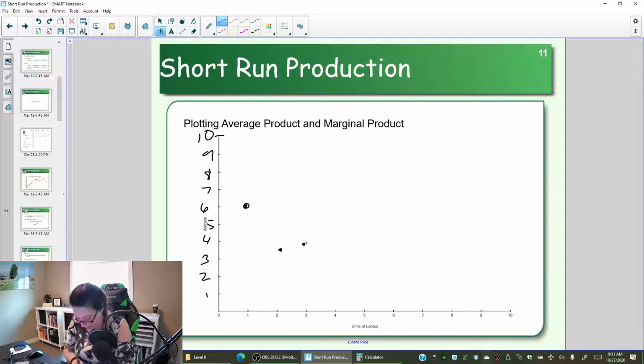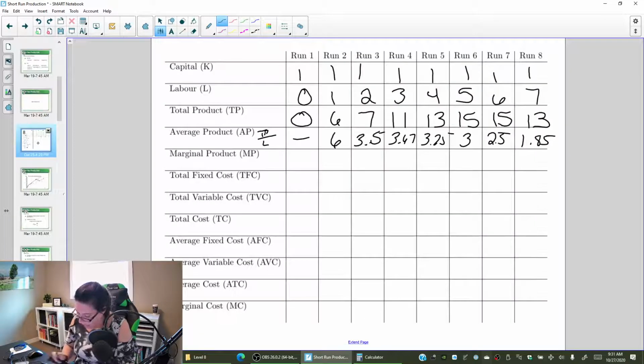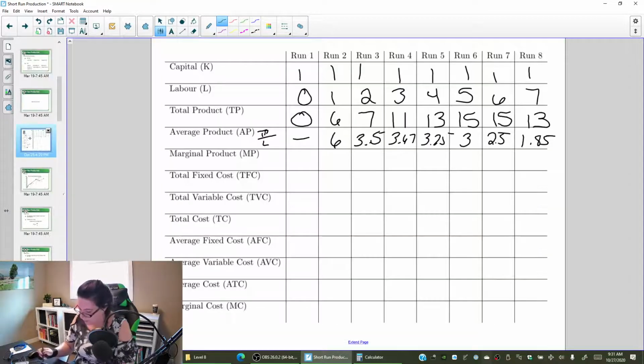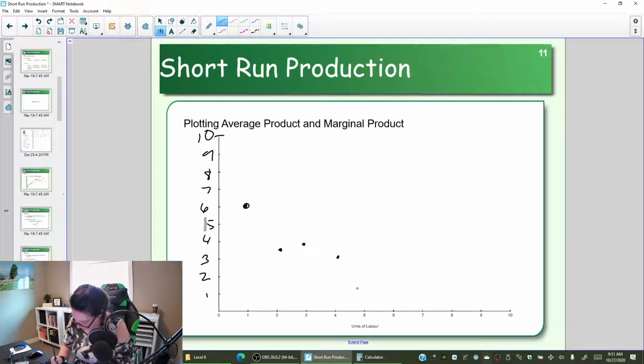So we'll show that little bump there. And then we go to 3.25. And then we go to 3. And 2.5. And 1.85.